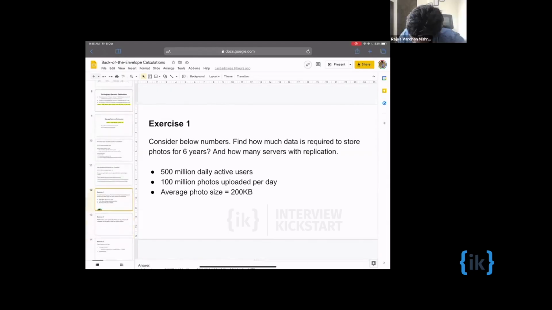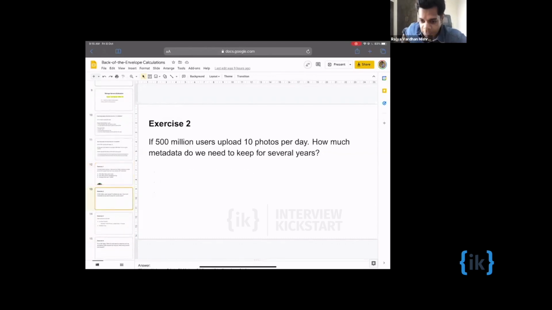Okay, so I'll move to the next exercise. If 500 million users upload 10 photos per day, how much metadata do we need to keep for several years?